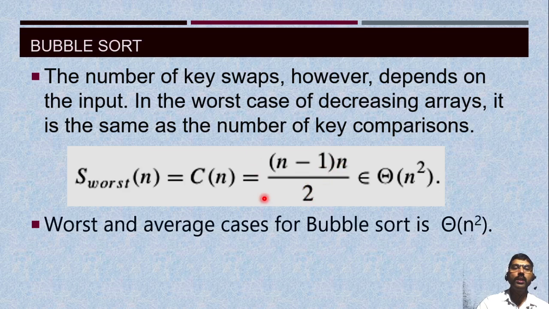This is the worst case when you give the elements in decreasing order. When the elements are given in decreasing order, it will take this number of swappings, and it is theta n square. The worst case and average case for bubble sort is theta n square.